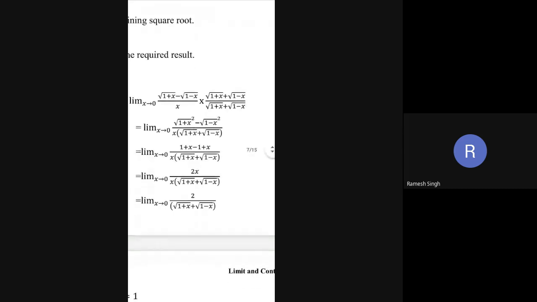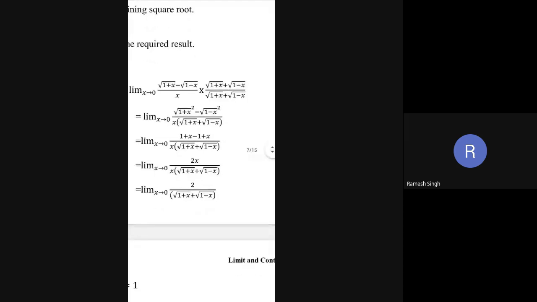So now the root is removed from the numerator and it becomes 1 plus x minus 1 plus x, and the denominator remains the same, x into (root of 1 plus x plus root of 1 minus x). Then simplifying the numerator, plus 1 and minus 1 cancel.